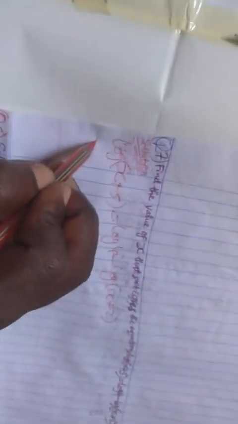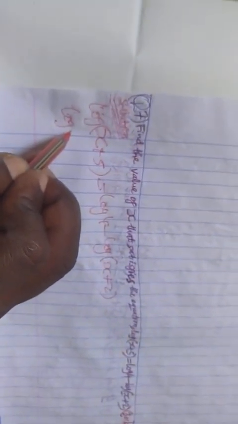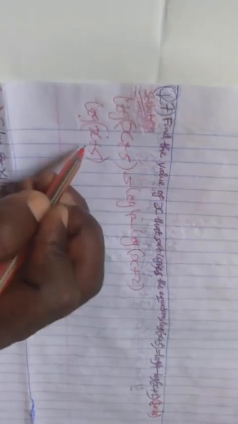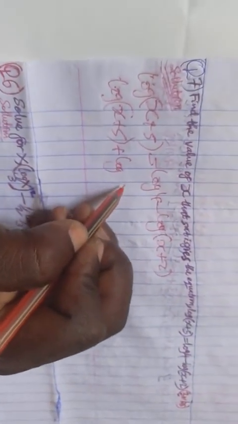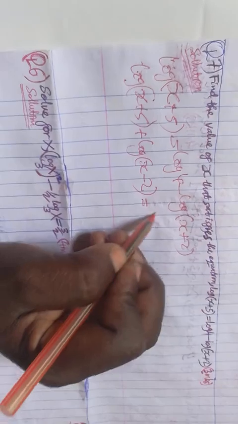Therefore, log(x + 5) plus log(x - 2) is equal to log 4.